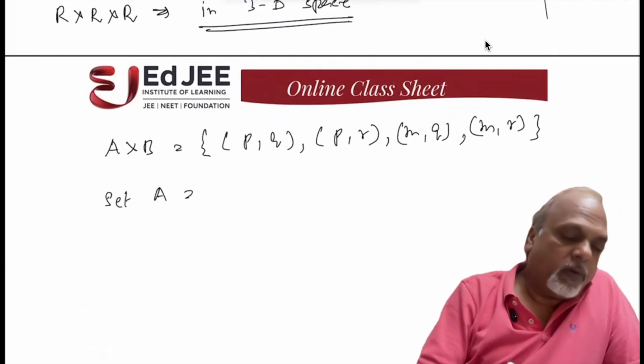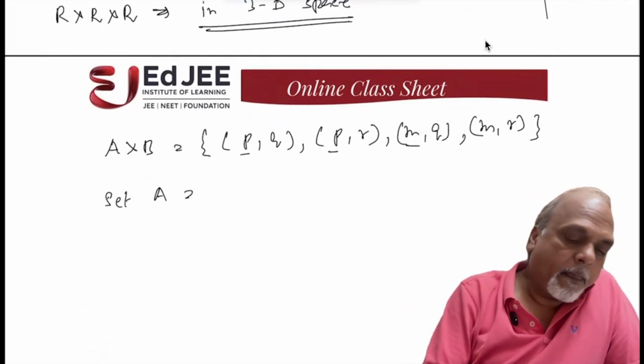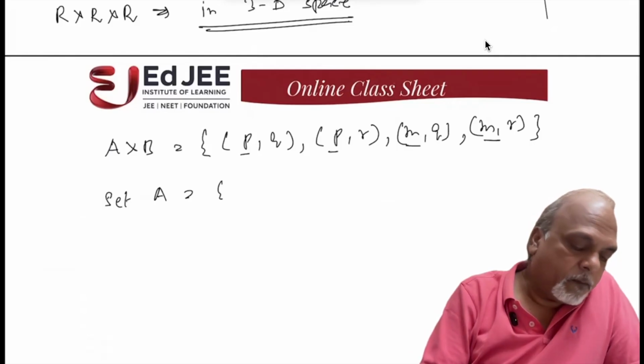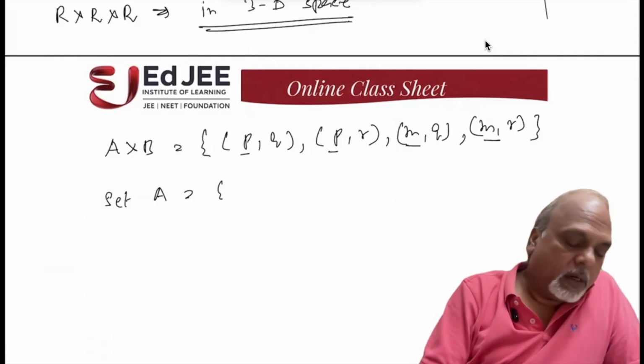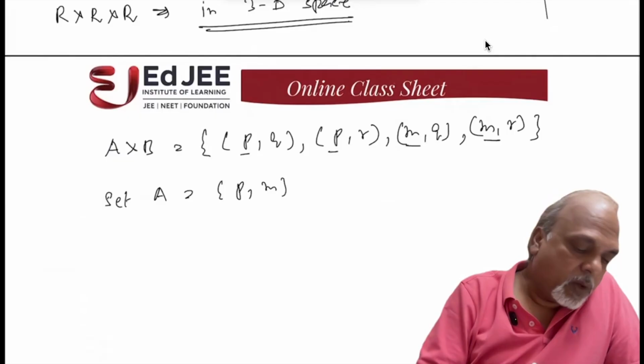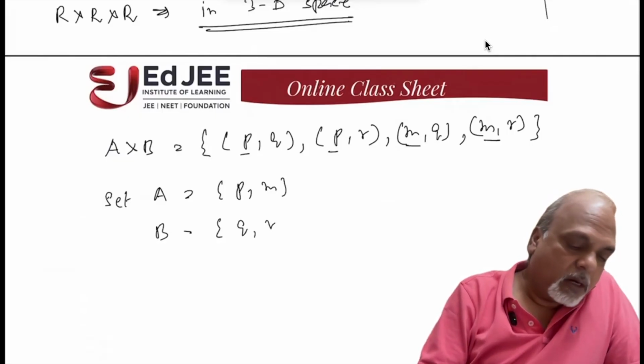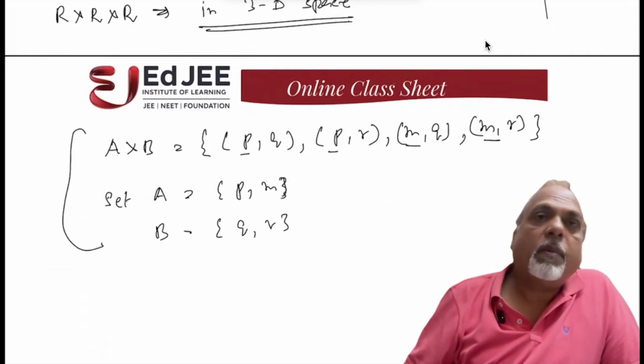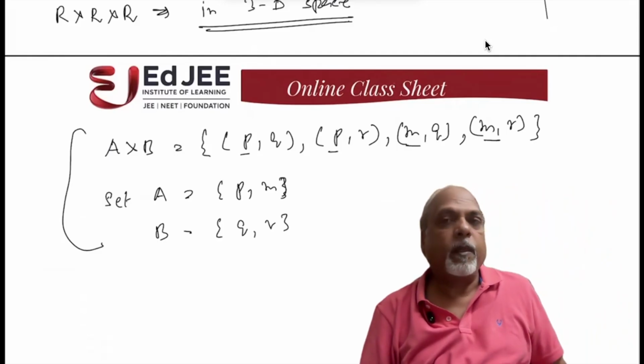Set A you can always find out. That is, set A is nothing but P and M, and set B is nothing but Q and R. This is the back method. Correct.